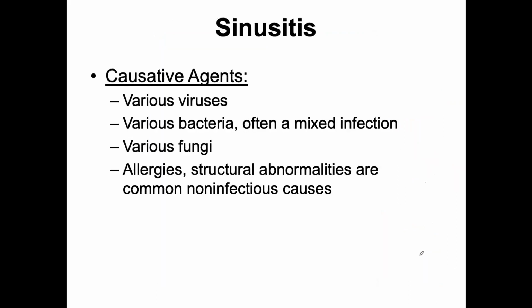Sinusitis, basically the same idea. And sinusitis, instead of hitting the nose and the throat, we're actually getting back there in the paranasal sinuses, which are around the orbits, around the eyes. Okay. And other candidates besides virus, bacteria, fungi, and sometimes allergies. Okay.